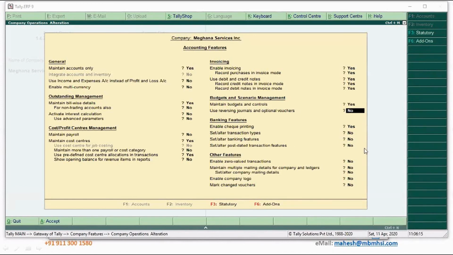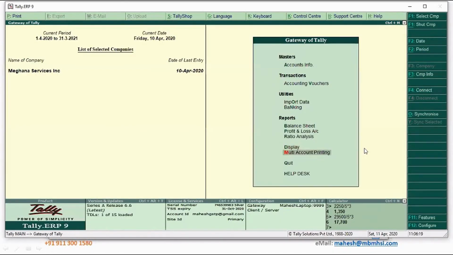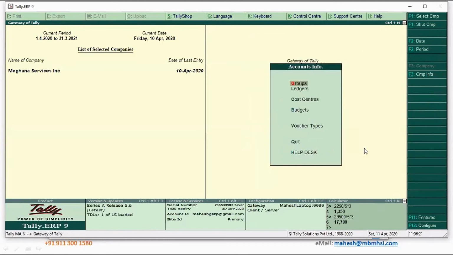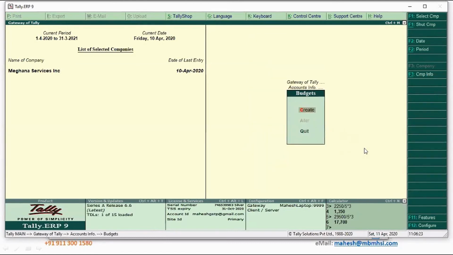Then I could go to accounts info, budgets, and create a budget for the project also.